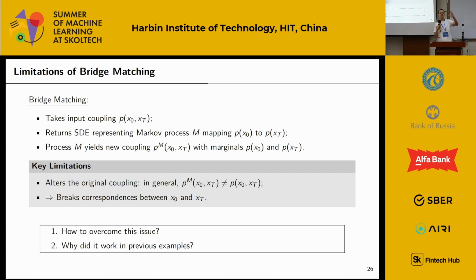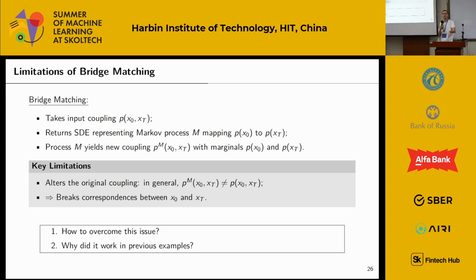For example, in the super resolution problem, what is our input coupling? Low resolution cat, high resolution cat, low resolution dog, high resolution dog. We applied bridge matching, and why are we sure that when we apply this new stochastic differential equation, our coupling is preserved? Why are we sure that it will not generate, for example, from this cat this dog, and from this dog this cat?